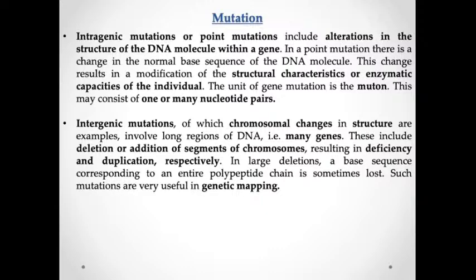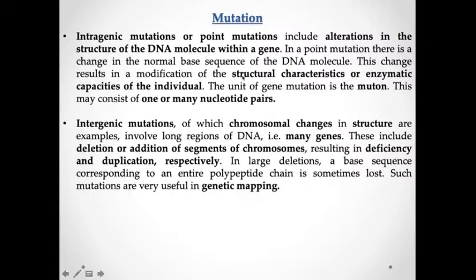So intragenic or point mutation includes alteration in the structure of the DNA molecule within that gene. In this, there is a change in the normal base sequence of the DNA molecule, like from A to T or T to G, G to C. And this change results in the modification of structural characteristics or enzymatic capacities of the individual.